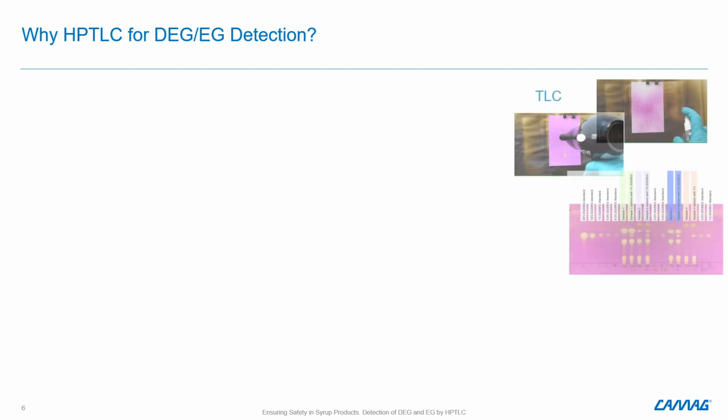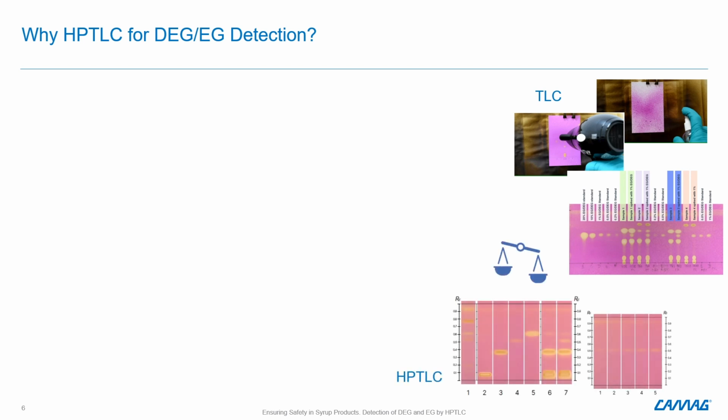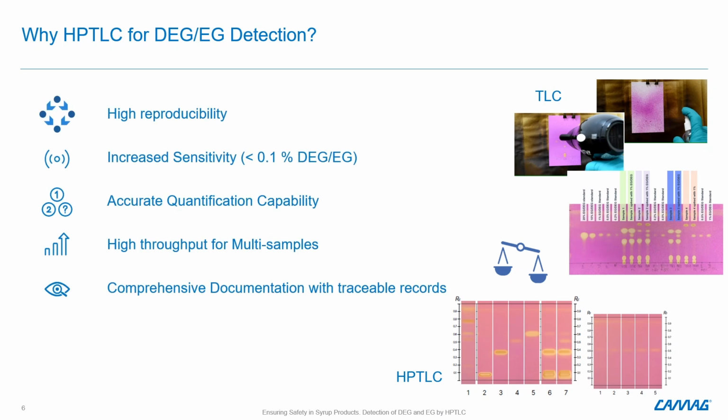As observed in the International Pharmacopoeia, TLC is already a proven screening method, but when updated to HPTLC, it offers a sensitivity below 0.1%, an accurate quantification, high throughput and reproducibility, and full documentation for traceability. This makes it a powerful tool for rapid screening and semi-quantitative assessment, especially before confirmation by GC.